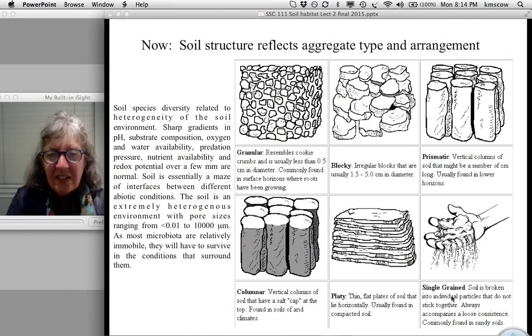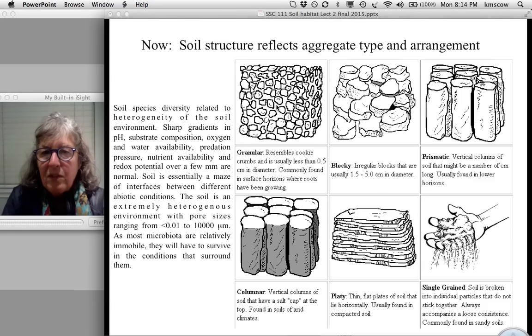So we have the most extreme case down here, a sandy soil that does not have good structure at all. It just has a lot of individual grains that don't stick together, and there's no organization there. It's just texture.